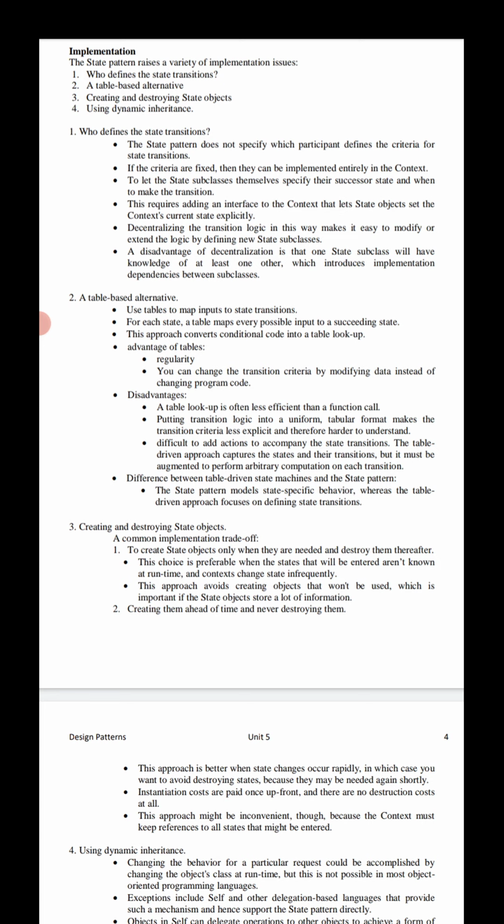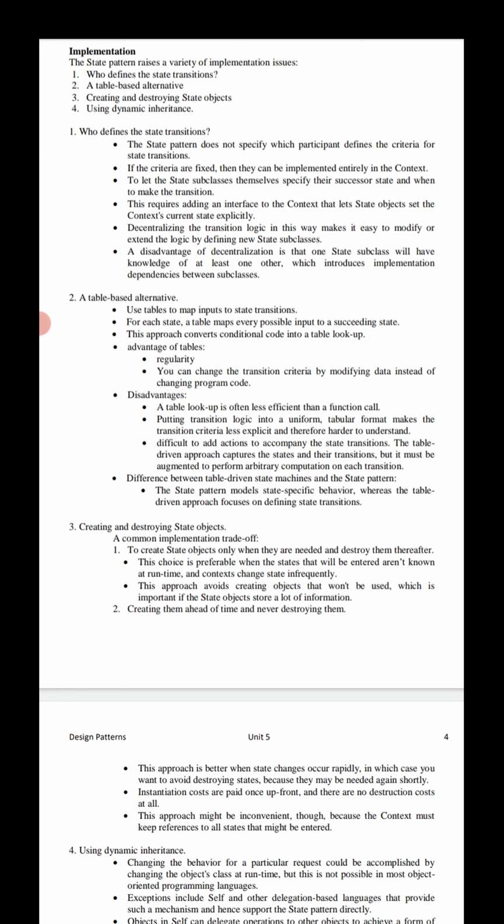Coming to the second implementation issue, a table-based alternative. In C++ programming style, Cargill describes another way to impose structure on state-driven code. We use tables to map inputs to state transitions.